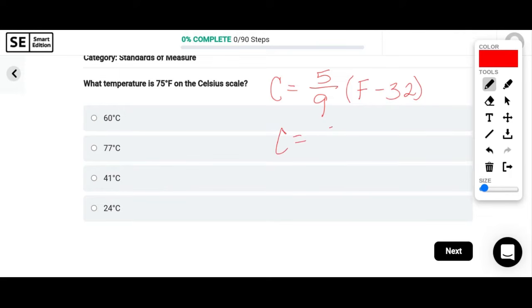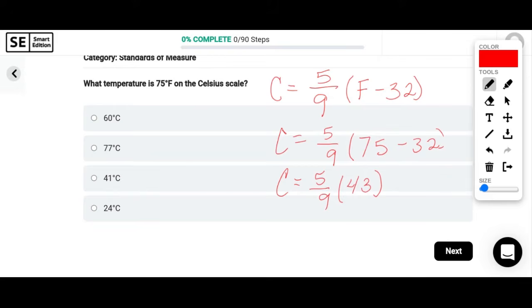I am going to plug in what I know, which is my Fahrenheit, 75 degrees. Then I'm going to work my way through and try to solve. I'm going to do the parentheses first. 75 minus 32 gives me 43.